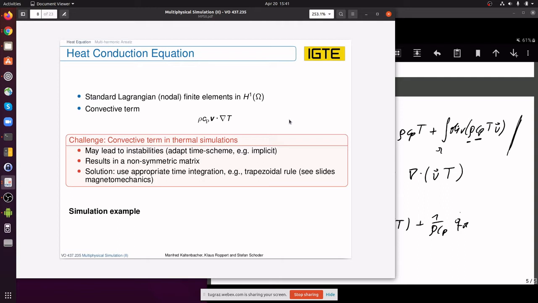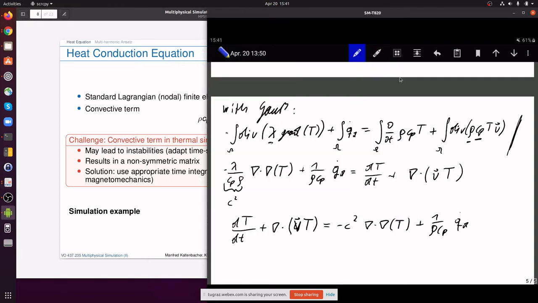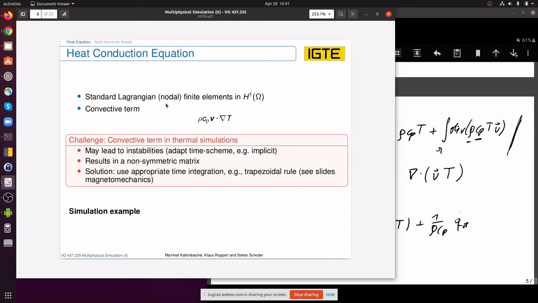What I've not told you is that the convective term, this term here, can lead to instabilities in the numerical solution.